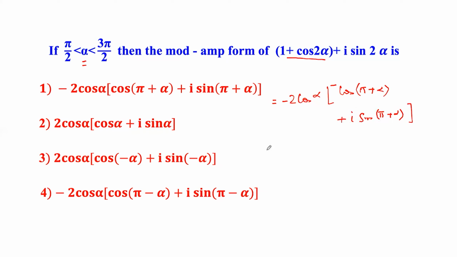Alpha is lying between pi by 2 to 3 pi by 2, so pi plus alpha will lie between 3 pi by 2 to 5 pi by 2.